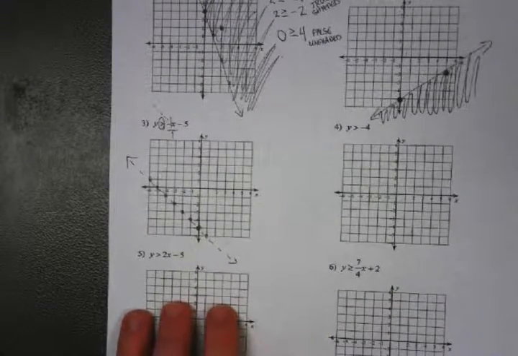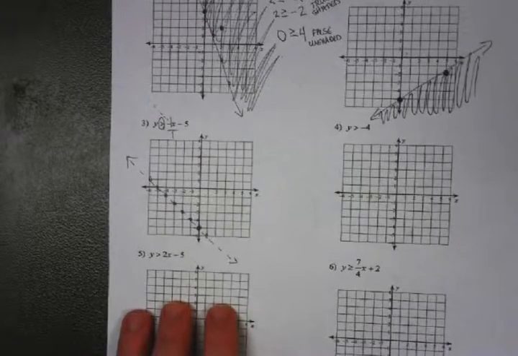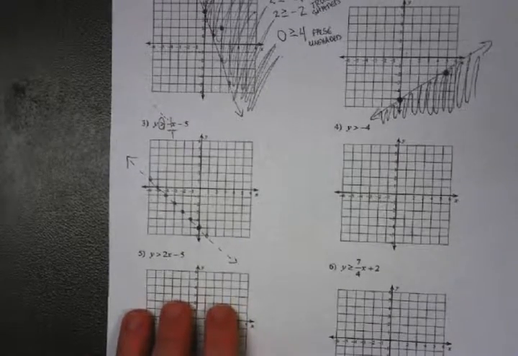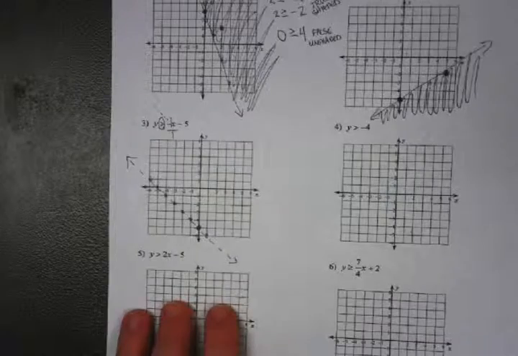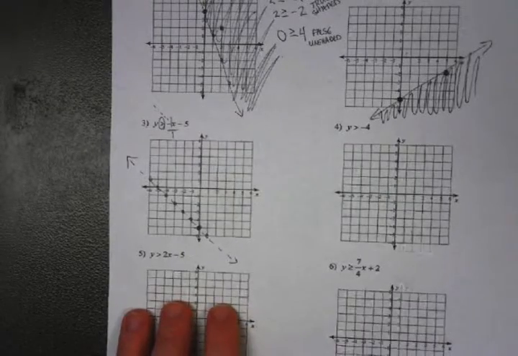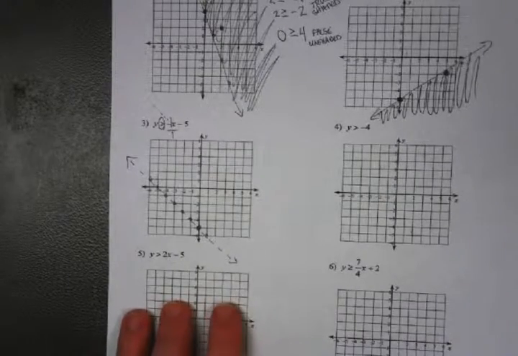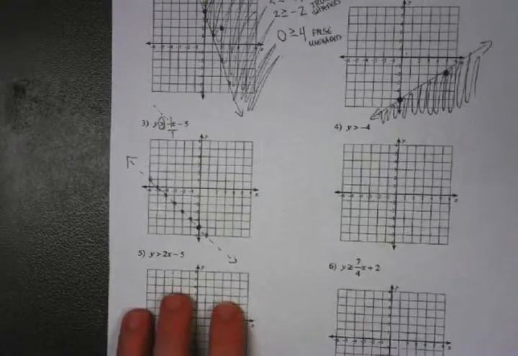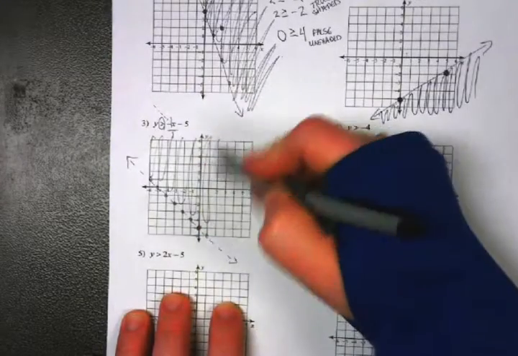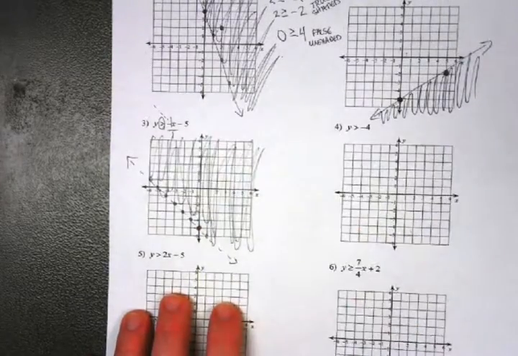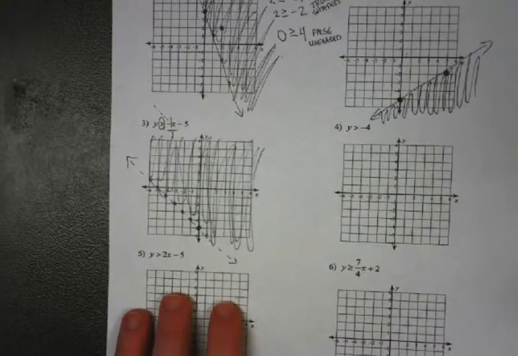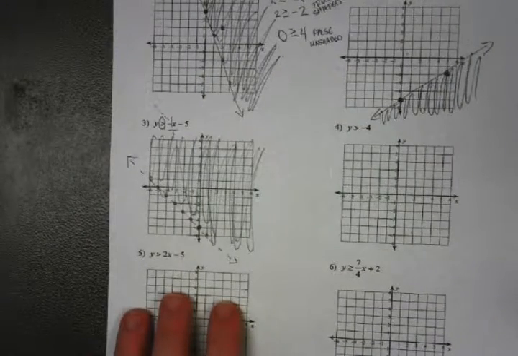This is saying y is greater than the line. So where do you think y is greater than? Yeah. If I checked the origin, should the origin be true or false? True.